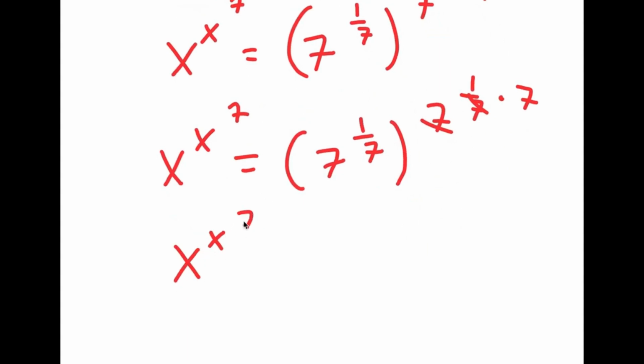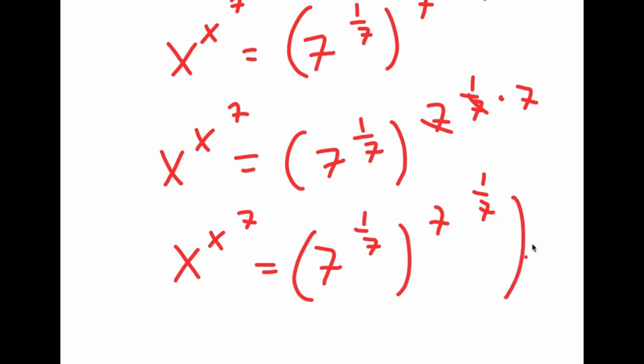x to the power of x to the power of 7 is equal to 7 to the power of 1 over 7 to the power of 7 to the power of 1 over 7 to the power of 7.